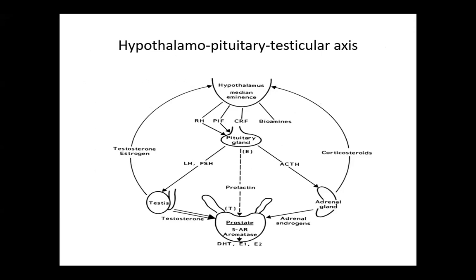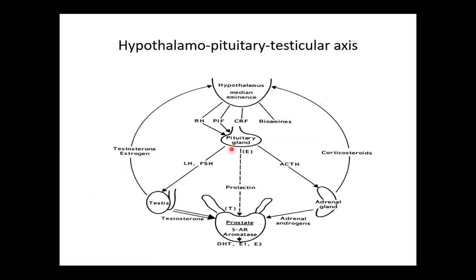It is the luteinizing hormone that works on the testes, on the Leydig cells to be specific, and these Leydig cells produce testosterone, and the testosterone heads to the prostate and attaches to the androgen receptor.